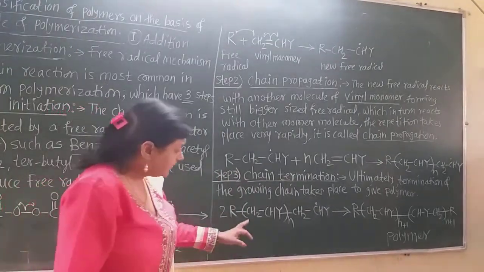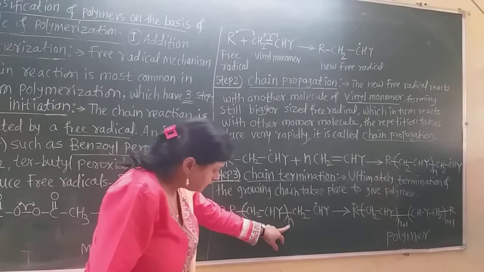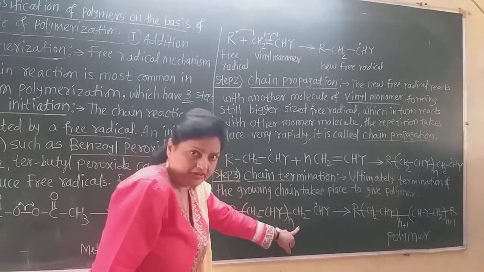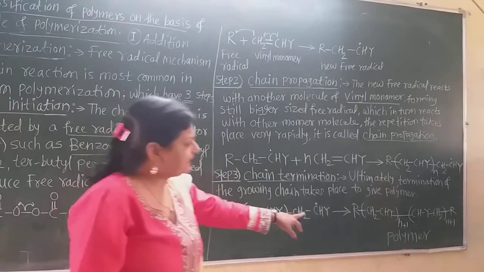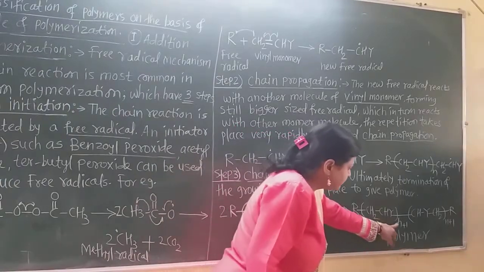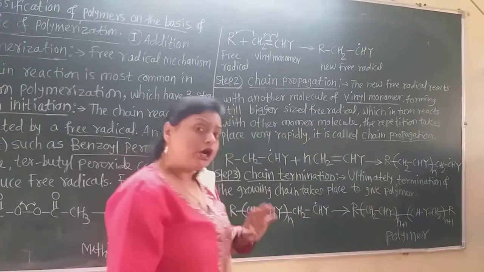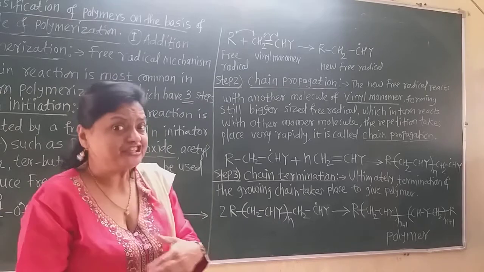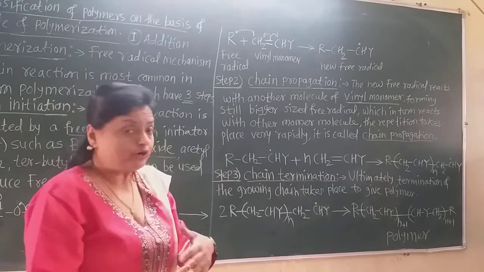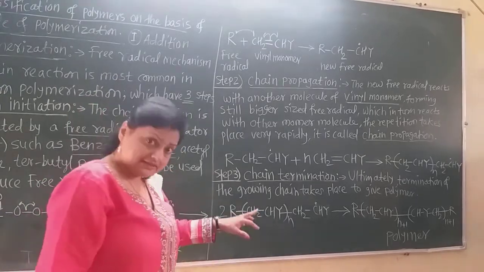Now see there, in the first chain there is n plus this one radical again there. So I write here RCH2CHY n plus 1. Now the second chain also has a similar grouping.